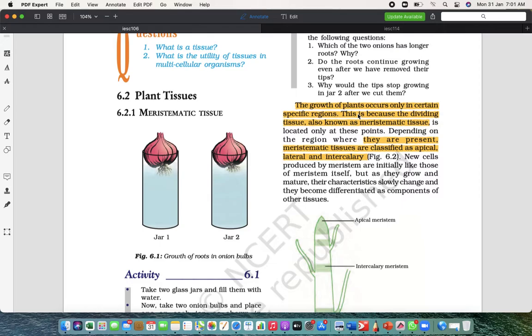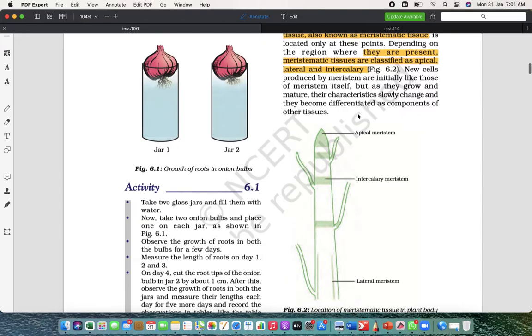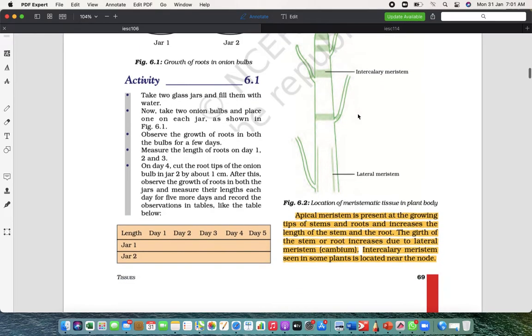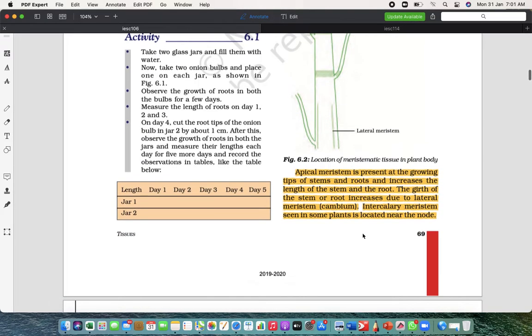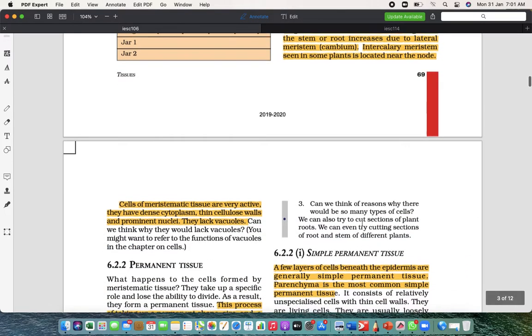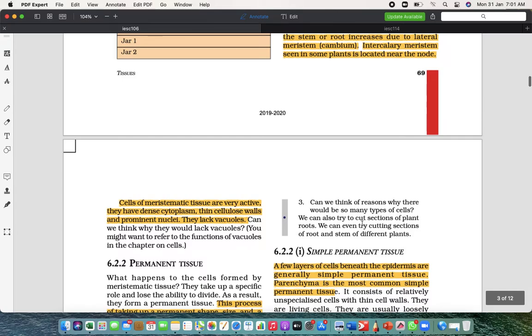Now meristematic tissue is again divided into three: apical, lateral, intercalary. Apical is present at the growing tip, at the top. So it will help you to increase the length of stem and root. Intercalary is located near the nodes, so basically branches happen there, and lateral will increase the girth.